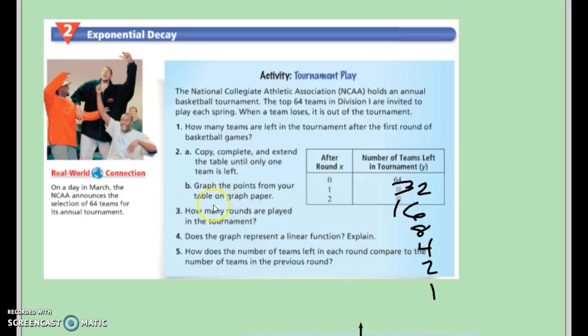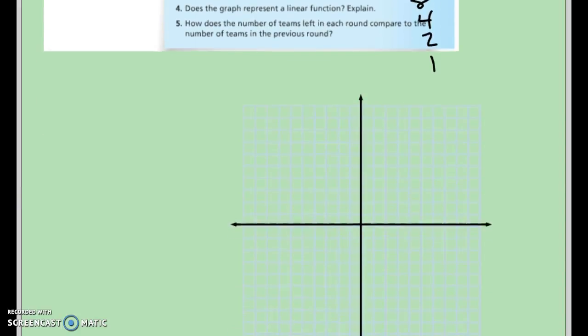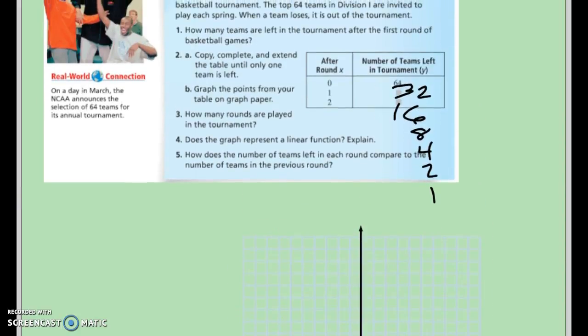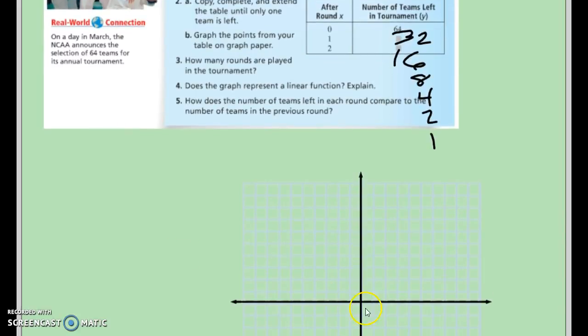What I've just done is complete my table until only one team is left. So the next thing I can do is plot these points. After 0 rounds, 32 teams are left. So we're going to mark these off by 5s: 5, 10, 15, 20, 25, 30, and 35.